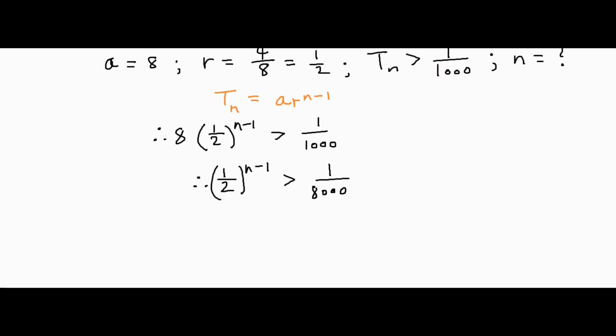So what we're saying is we have 1 over 1,000 divided by 8, which is the same as multiplying by 1 over 8. And that gives us 1 over 8,000. Now, there's no way we can make the bases the same in this inequality. So we're going to use logs. We're going to take the log on both sides.